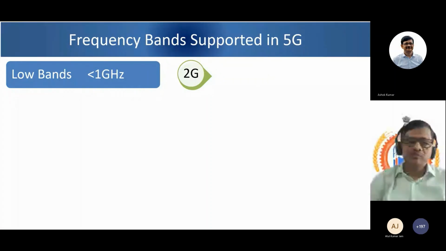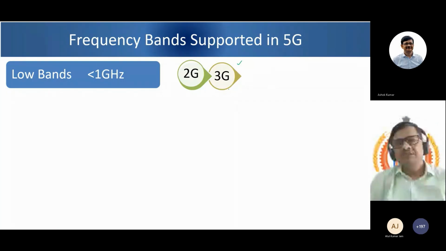Yes, so 3G was also using the lower band, and of course 1 gigahertz. But if you just talk about the lower band, even 3G was supporting the lower side of the band.